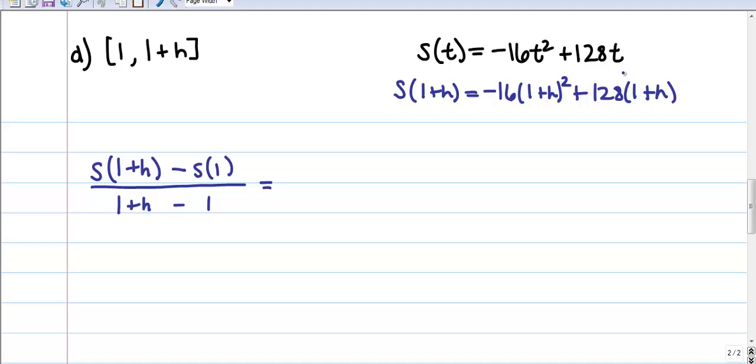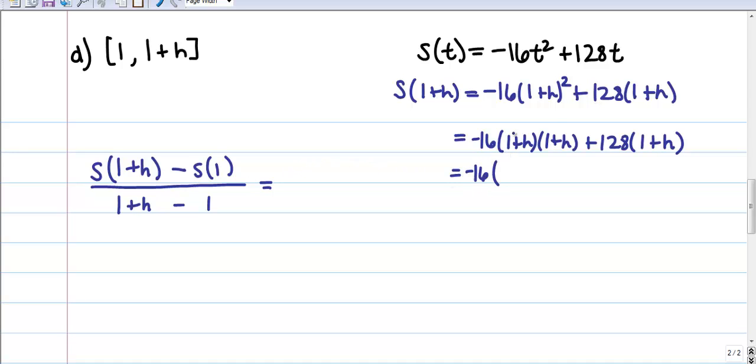So, now I need to simplify this. To simplify this, I'm going to apply the distributive property twice here, which is basically FOILing, and then I'll apply the distributive property here. When you do 1 plus h squared, and you're going to see this a lot, things like 1 plus h squared, x plus h squared, you'll start picking up on a pattern.